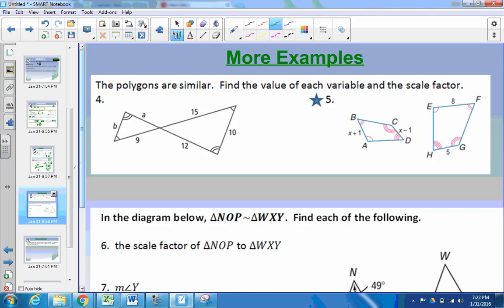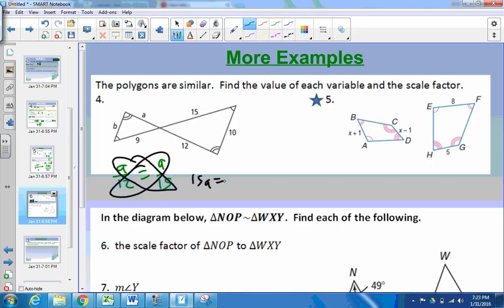So simply, if you're looking at this, A is across from this angle, so A to 12 would have to be congruent to 9 to 15. So we can use our cross products property and do 15A equals 9 times 12, which is 96, I believe.